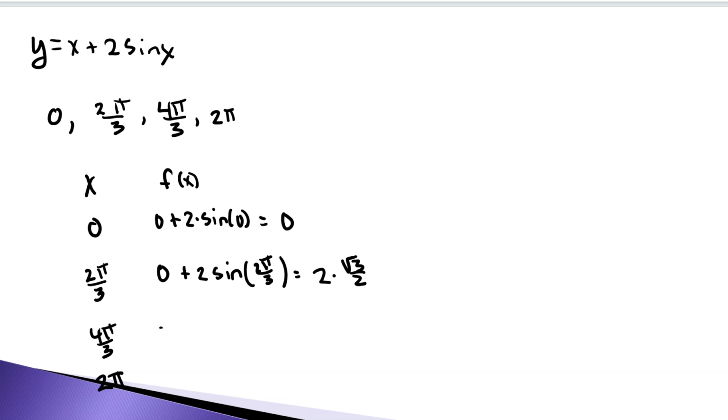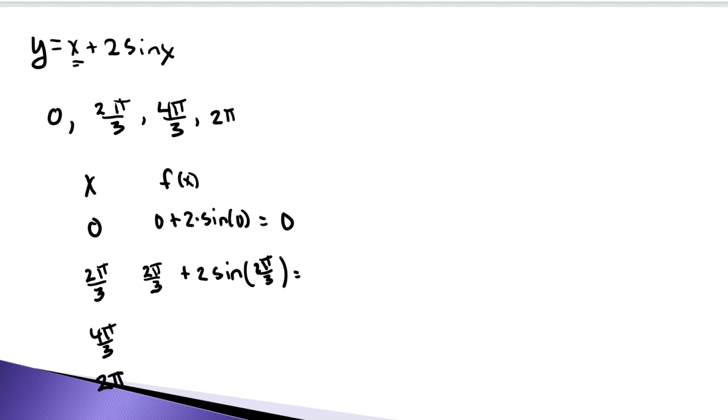4 pi over 3. Let me fix all that. This should not be a 0. This should be a 2 pi over 3. My function is x plus 2 sine x, so I'm plugging into that.